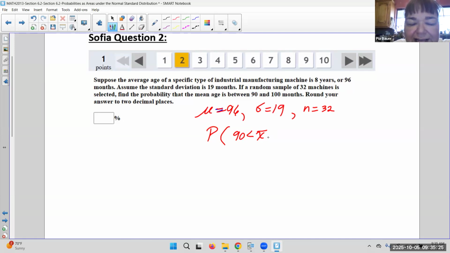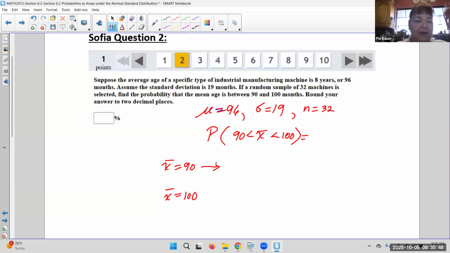So that's 90 is less than X bar is less than 100. So that means I need to find a z-score for an X bar of 90, and I need to find a z-score for an X bar of 100.